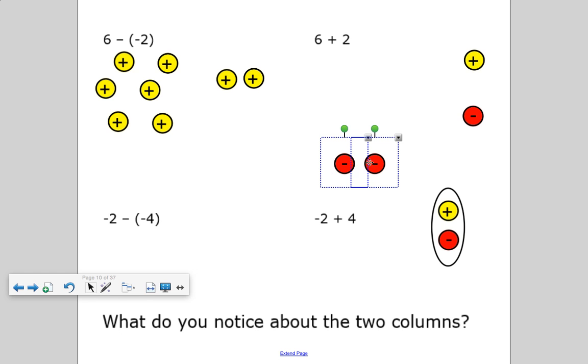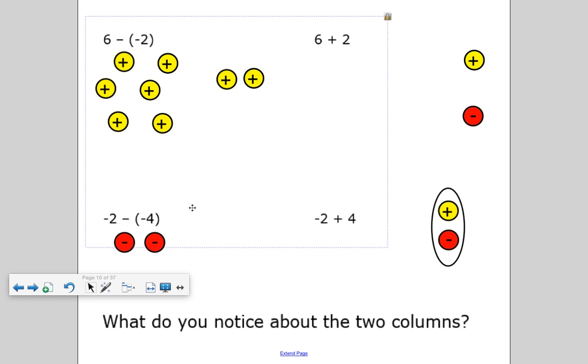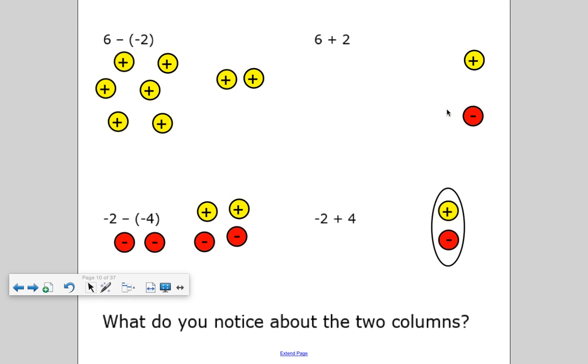Let's try another example. We have 2 negatives. Can I take away 4 negatives from this? Do I have enough? No. So we need to add 4 pairs of 0 pairs.